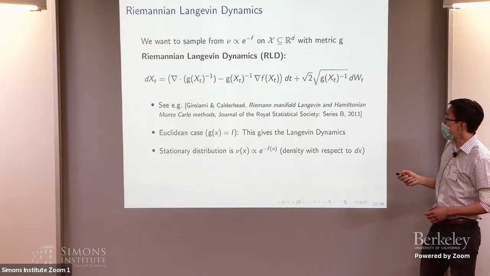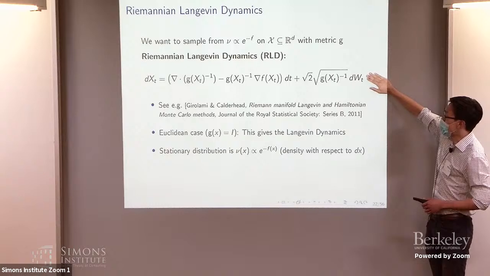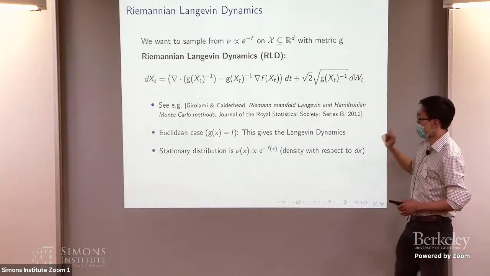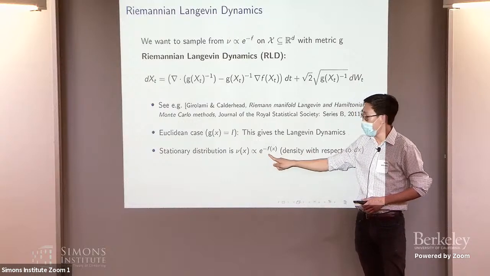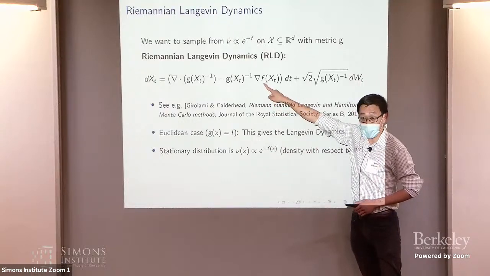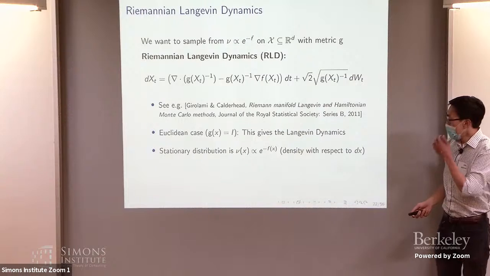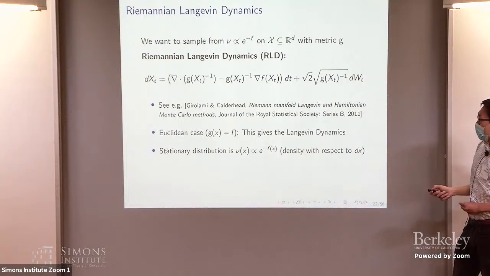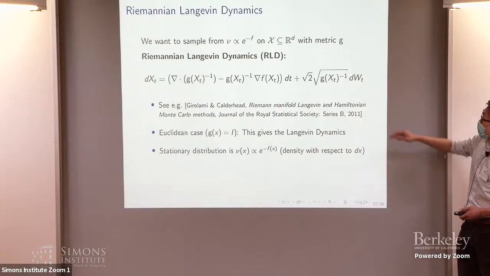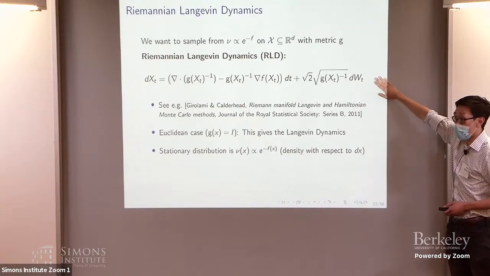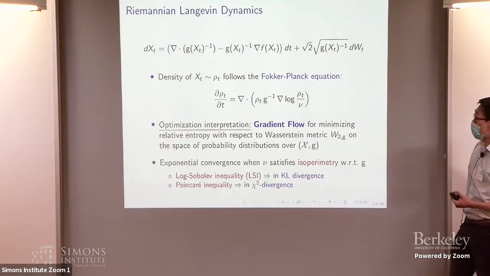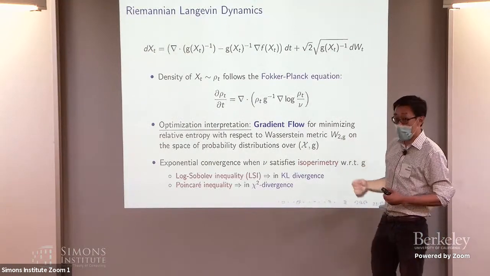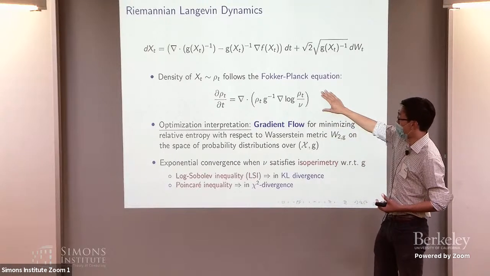And these are there so that overall, this dynamics has the correct stationary distribution, which is proportional to e to the minus f, where f is whatever appears here, right? And you can ask, how do you check something like that? One way to say it is that if x follows dynamics from this SDE, then the density rho evolves following a PDE, which is called a Fokker-Planck equation.